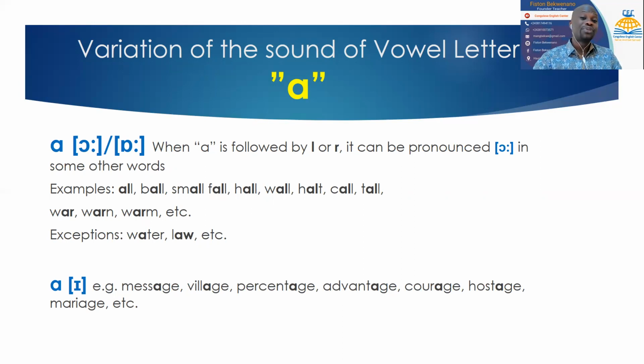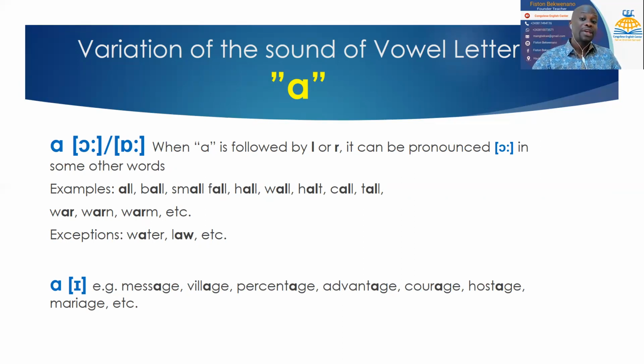Then examples will be like all, ball, small, fall, hall. We have wall, we have halt, sorry, yeah, halt, and we have call, and then we have tall. And other examples would be found.